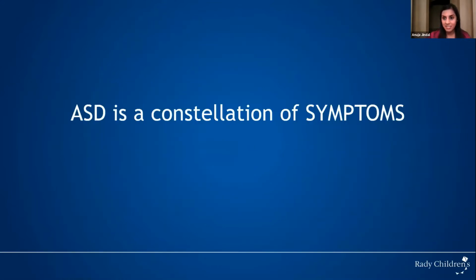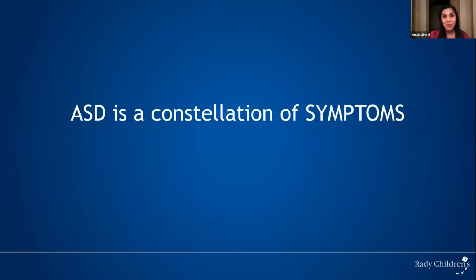All of this leads me to saying that at its core, autism is merely a constellation of symptoms. Each child that's diagnosed with autism has a unique set of these symptoms. You can imagine seeing the list of symptoms that could be present. Really, you don't need all of them. So every child has a different set of symptom combinations and even a different severity of symptoms.